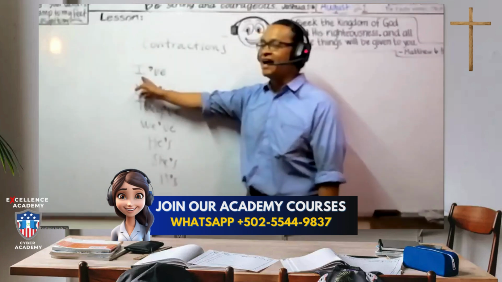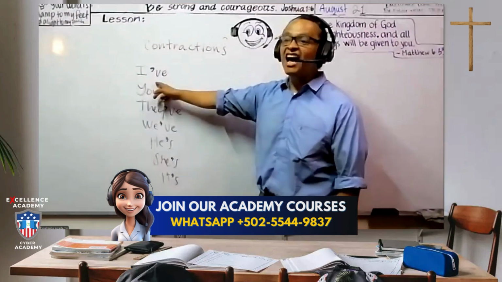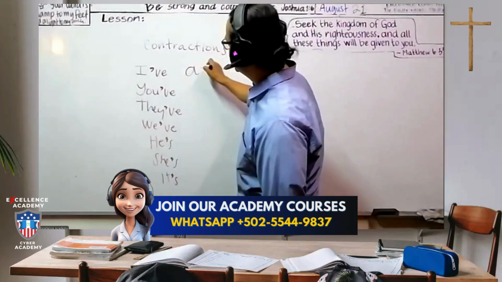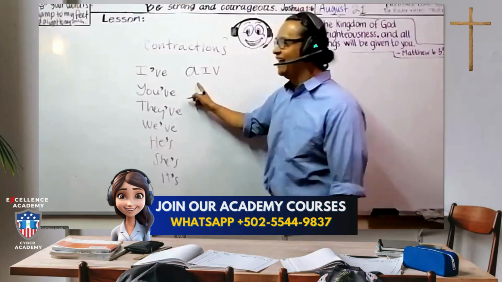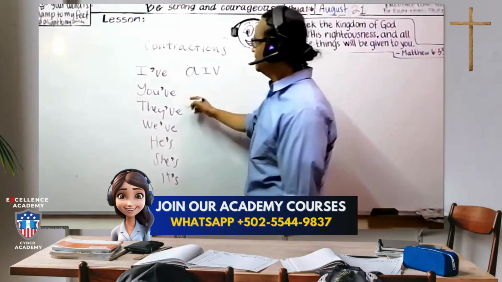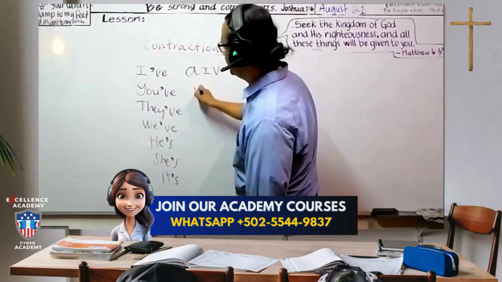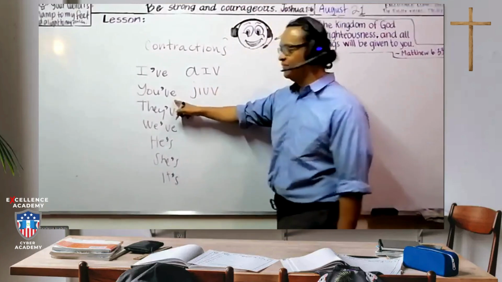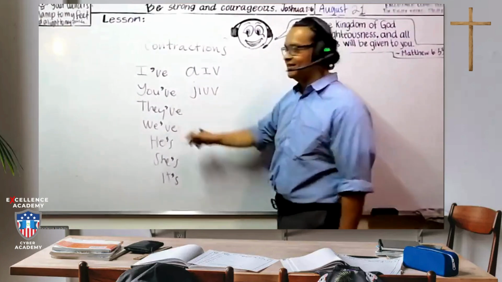So you're gonna say here, I've. So it's gonna be like saying it like this. Everybody say it. I've. Very good. Here you're gonna say it like this. You've. Right?